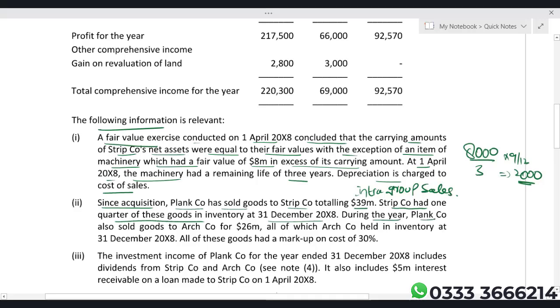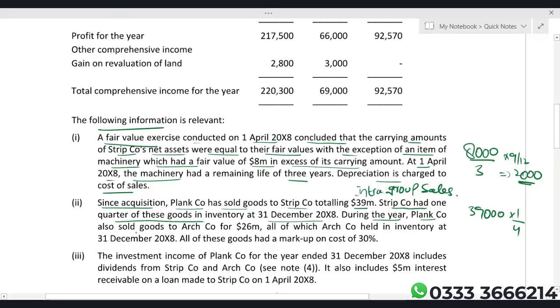So with one quarter, unrealized profit will be on one quarter of the 39,000. We know that unrealized profit will be in the remaining stock. Out of this 39 million, or you can say 39,000, one quarter is still in the stock of the subsidiary, and the parent is the seller.